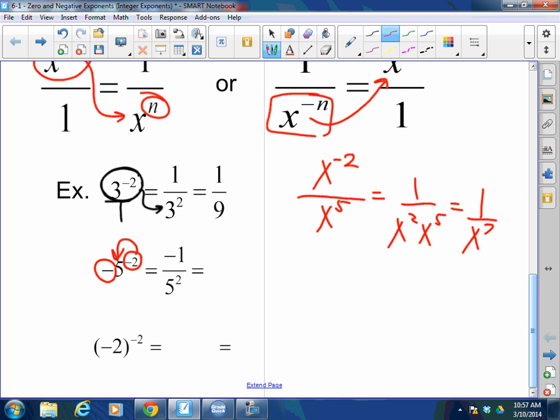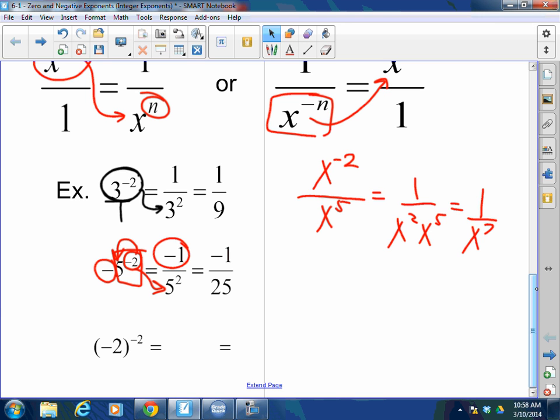This negative stayed up here because I am not changing the sign of the number. I am simply changing the sign of the exponent. So the negative stayed, and then this guy went down to the denominator. What is that going to equal? Negative 1/25th, because 5 times 5 is 25.